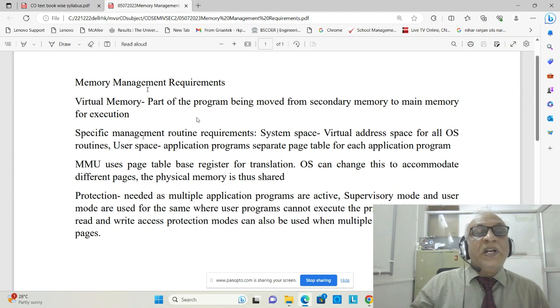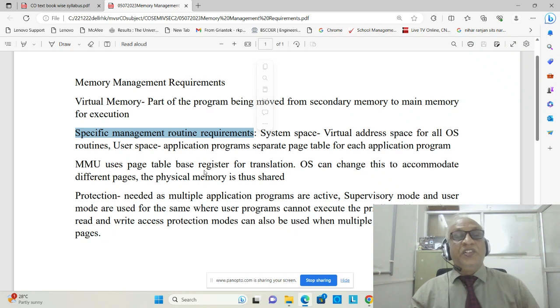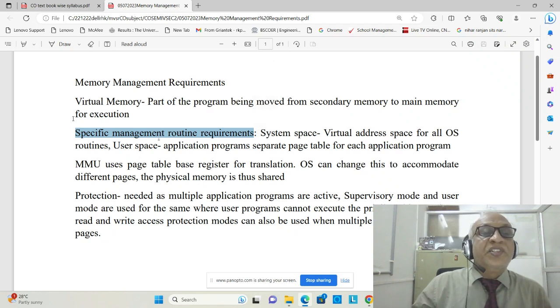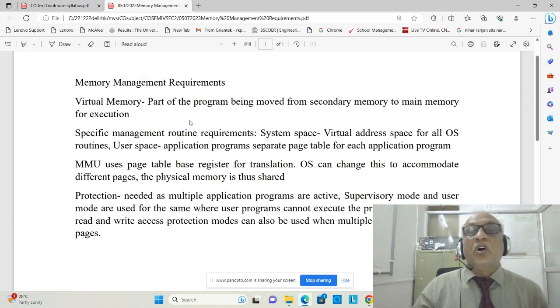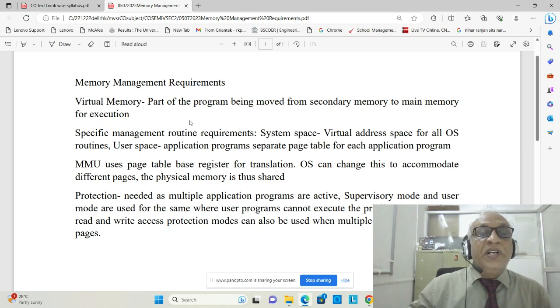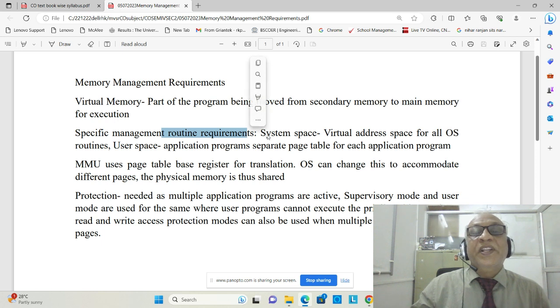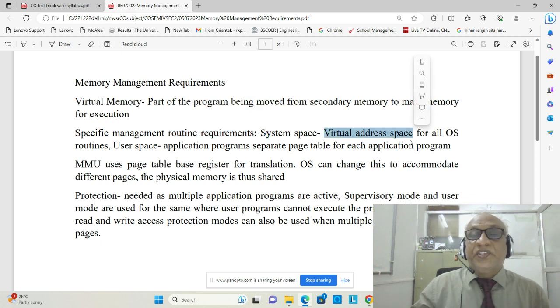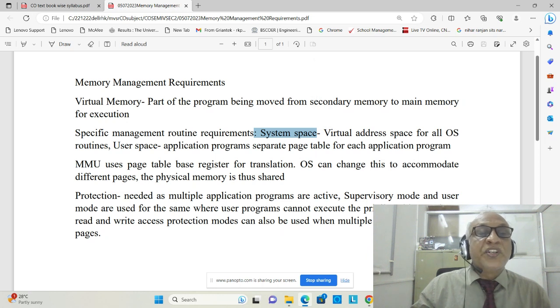Now, to implement this concept, there are specific management routine requirements. Here comes the role of the operating system, because this entire virtual memory concept has to be implemented through the operating system. So what will happen here is the virtual address space will be divided into two parts: a system space and a user space.